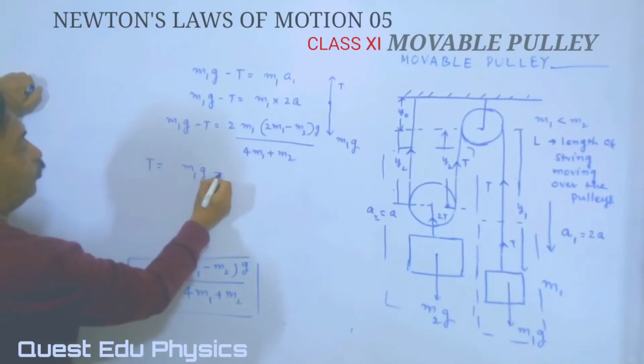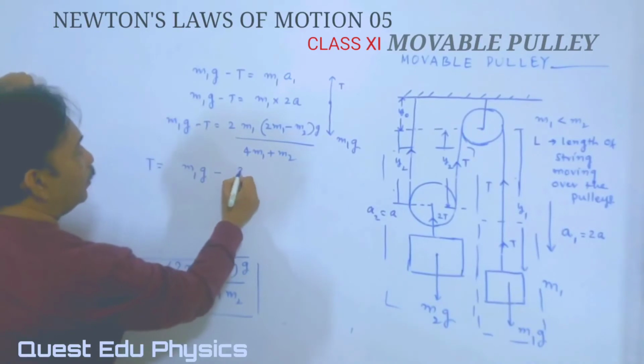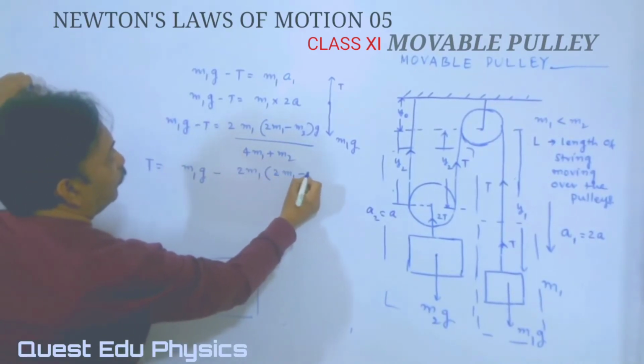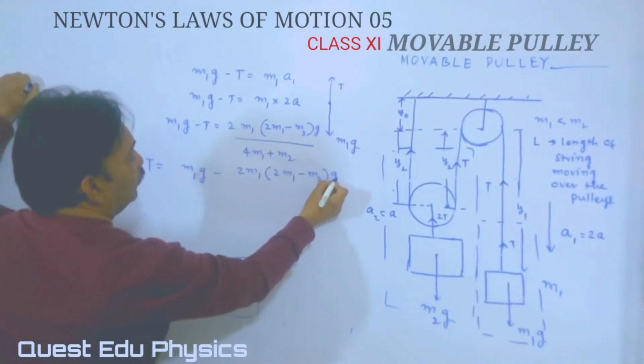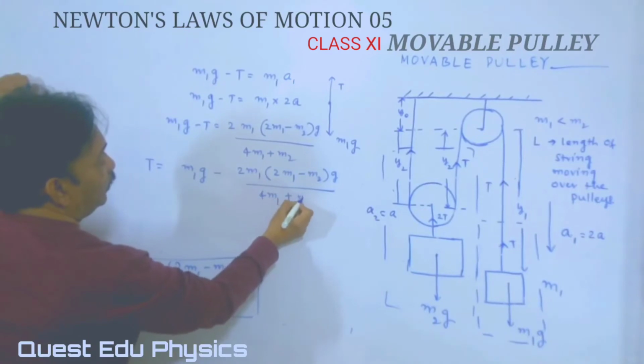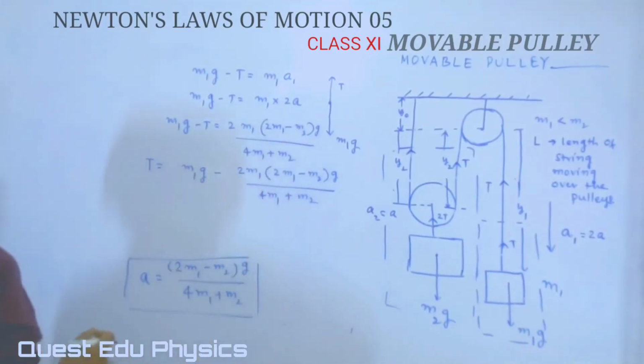Okay, students, then T can be written as M1g minus 2M1 of (2M1 minus M2) g by (4M1 plus M2).